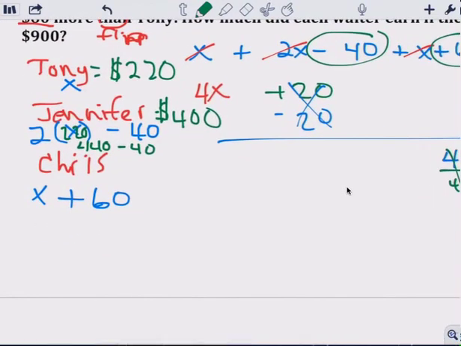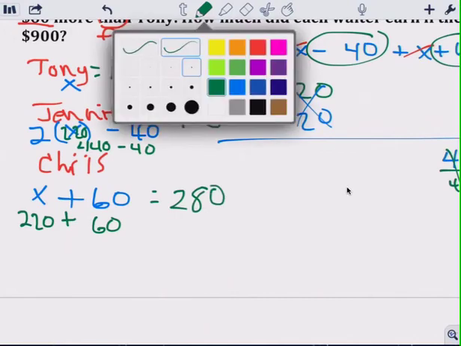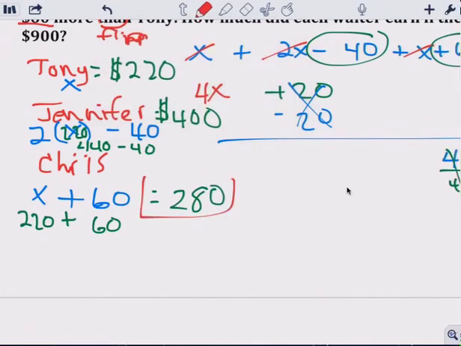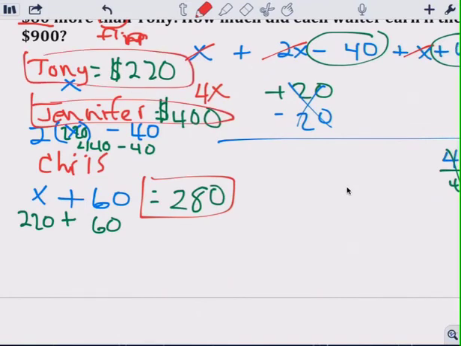Chris is Tony's X, 220, sorry, plus the $60, which makes 280. So it looks like Jennifer makes the most. So Jennifer, Tony, and Chris.